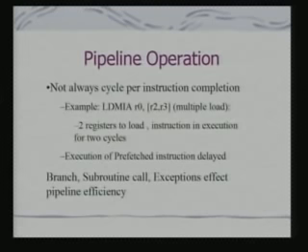So, if it has 2 registers to load, the instruction has to be in execution for 2 cycles, and hence execution of the prefetched instruction will be delayed. Other instructions like branch, subroutine call, and exceptions affect pipeline efficiency, and you have already seen that we would like to use conditional instructions rather than branches when you have a small set of instructions to execute, to keep the pipeline working efficiently.